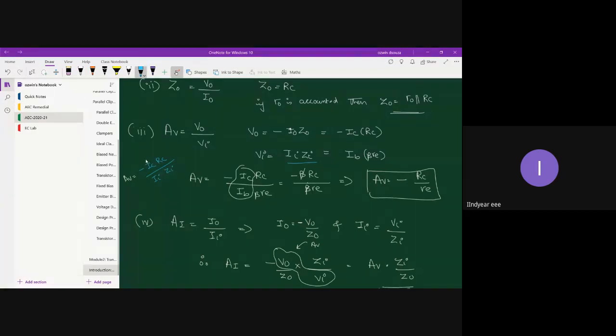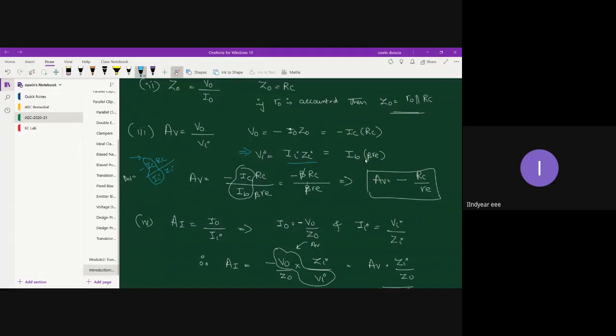Now if I take this, I don't know the gain, IC by II, it is an unknown gain, because for a common emitter mode IC by IB is defined. In order to avoid that kind of bottleneck, I have considered the known current, because as per circuit analysis, VI is II into Zi, or VI can also be given as IB into beta RE.